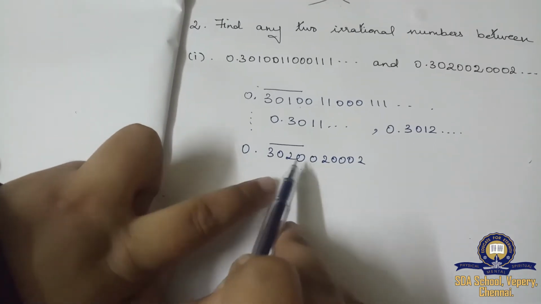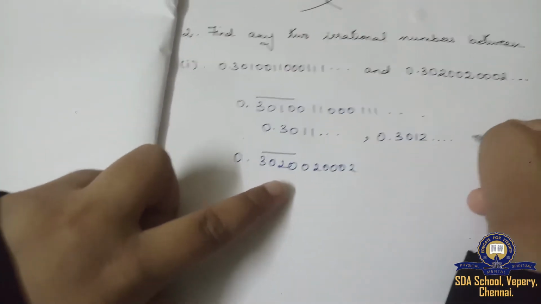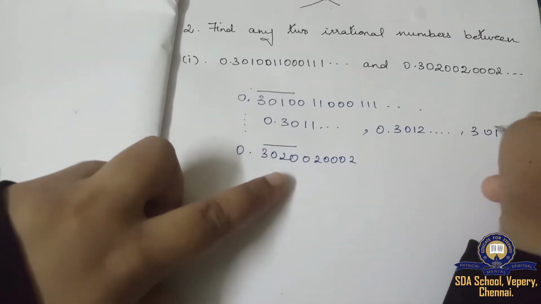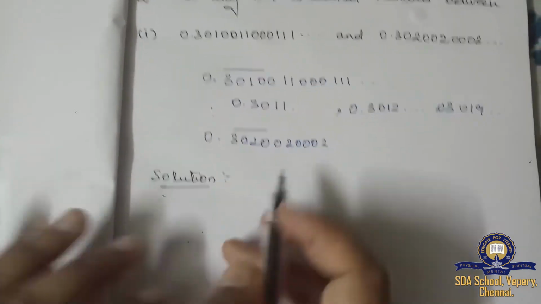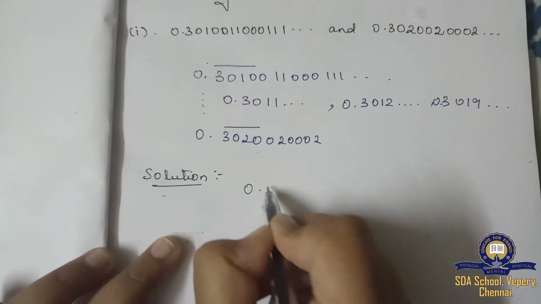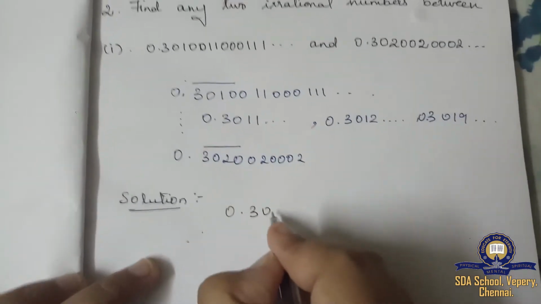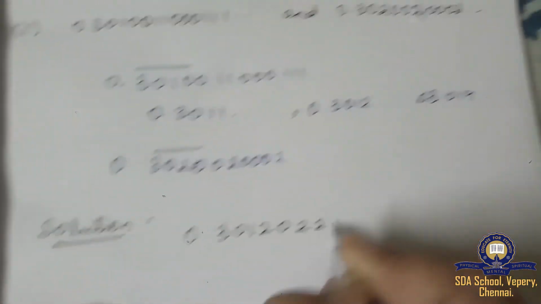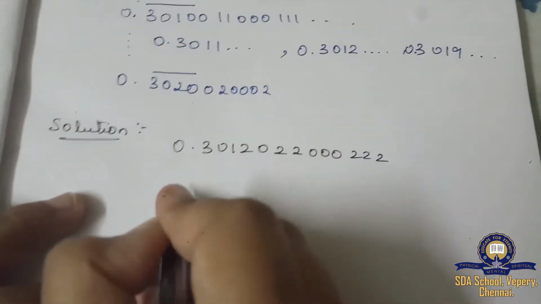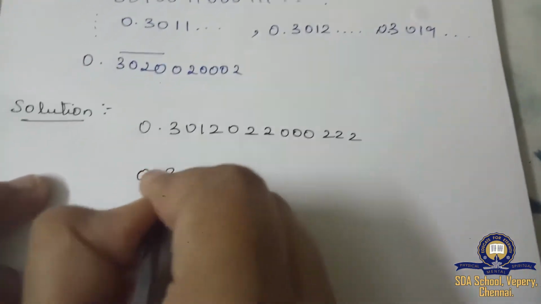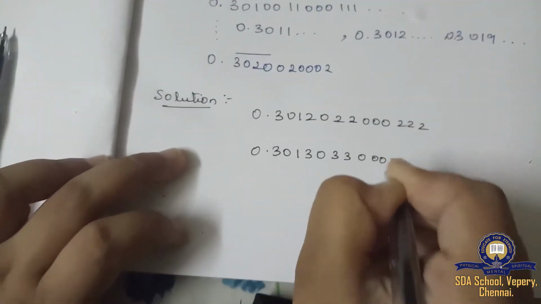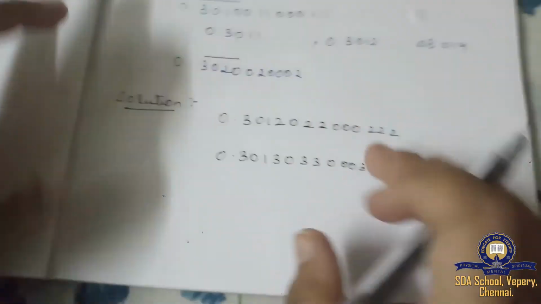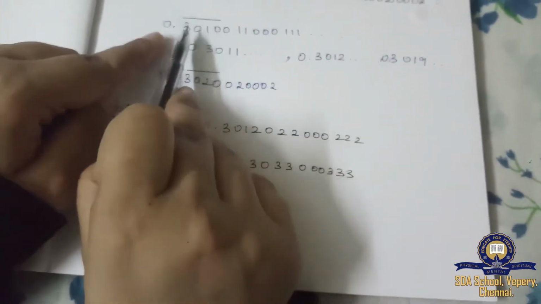It has to end below 3019, meaning 0.3019 etc. Therefore, the solution I have written is 0.30120022 and 0.30130333. But you can write any two numbers between 0.3010 and 0.3020. You get it, students?